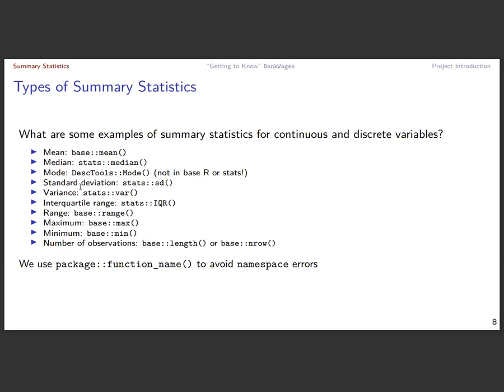Some maybe new things to you are the interquartile range, which is really the 75th percentile to the 25th percentile. So if I have 100 observations, what is this telling me?